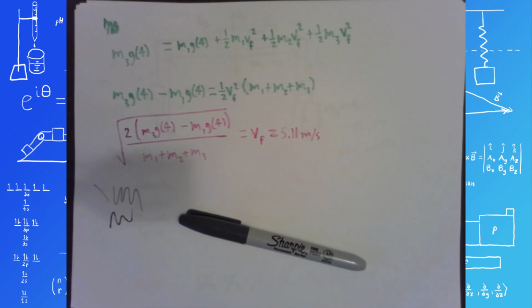Anyway, what did I want to do next? Look for another problem. All right, here we go. We could do elastic potential energy, but I feel like we'd end up reviewing that anyway when and if I do a simple harmonic motion review.